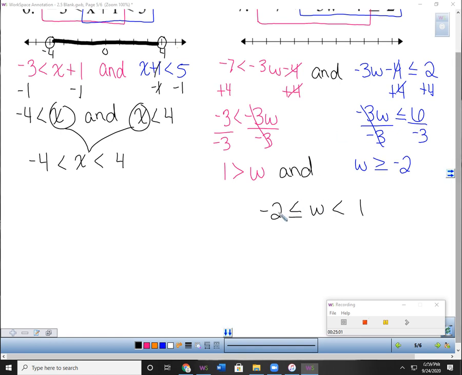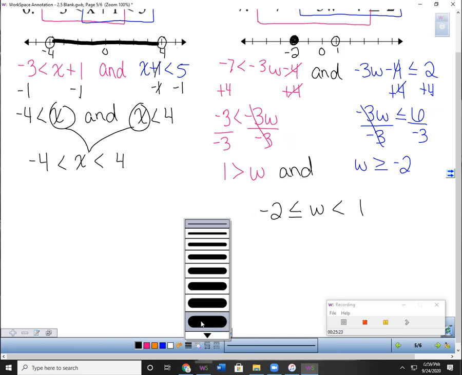Alright, so I'm going to go to negative 2, positive 1. If I look on this side with negative 2, I have an equal to bar, so that will be closed. The side with the 1 is open, and I shade in between.